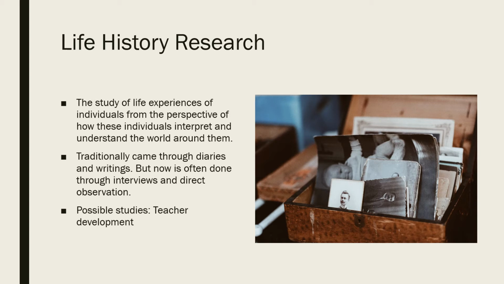But currently, we've added in the aspect of interviews and direct observation, looking at a person's life. Some possible studies that could be done with life history research is teacher development. And in the book, if you remember, there was quite a large example of a study on teacher development where they used life history research.